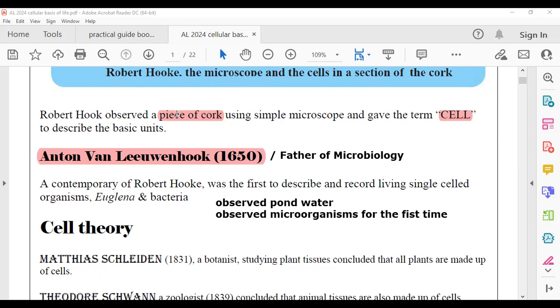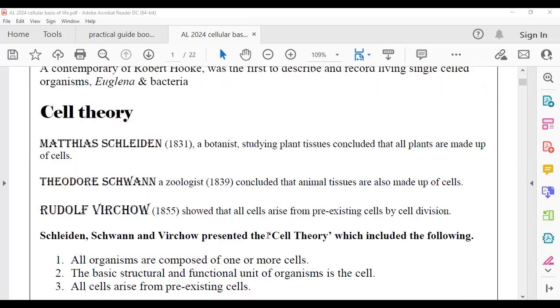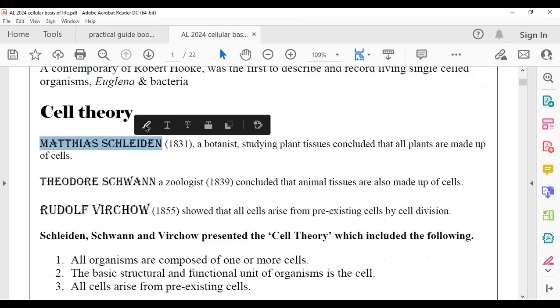Yeah, sir. Yes. Now, the well-known three names. You are familiar, right? The three people who contributed to cell theory. Who are the three? First person, Matthias Schleiden.